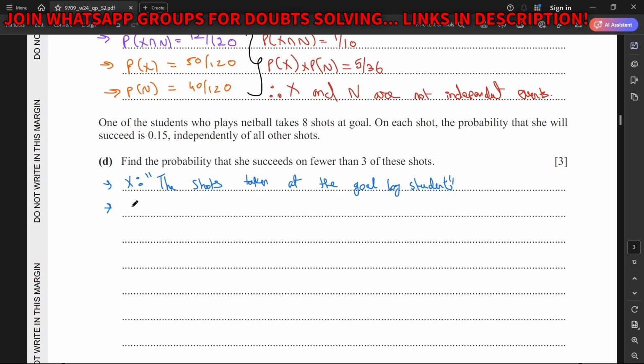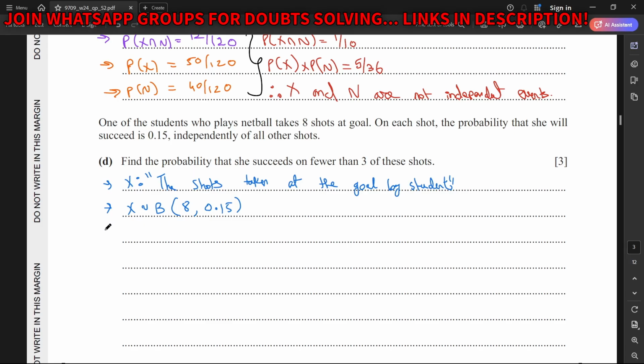And we can say that x follows a binomial distribution with the fixed number of trials being 8 and the probability of success of getting the goal being 0.15.